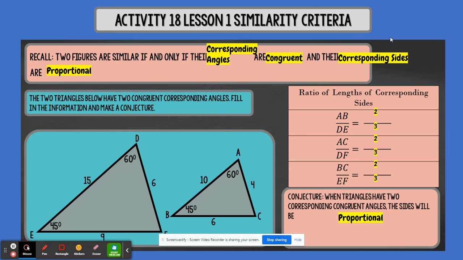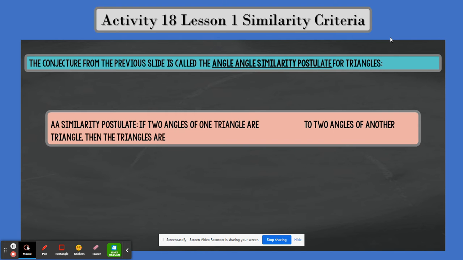So what that does is it sets up an ability for us to have shortcuts in determining similarity. I don't need to see all three sides and all three angles to prove similarity, the same way I don't need all three sides and all three angles to prove congruency. So we're going to look at the three shortcuts. The first shortcut is angle-angle similarity.